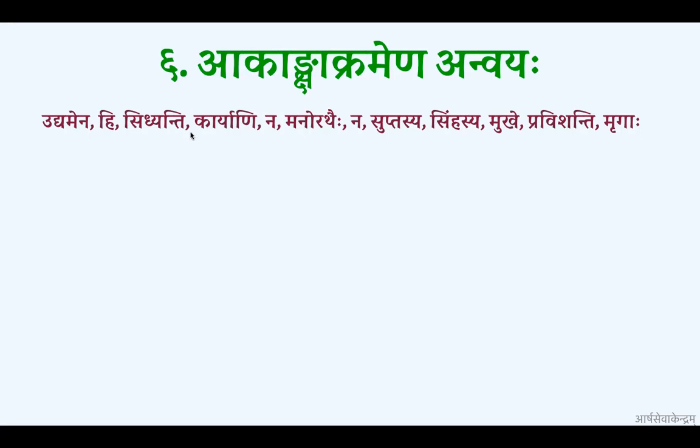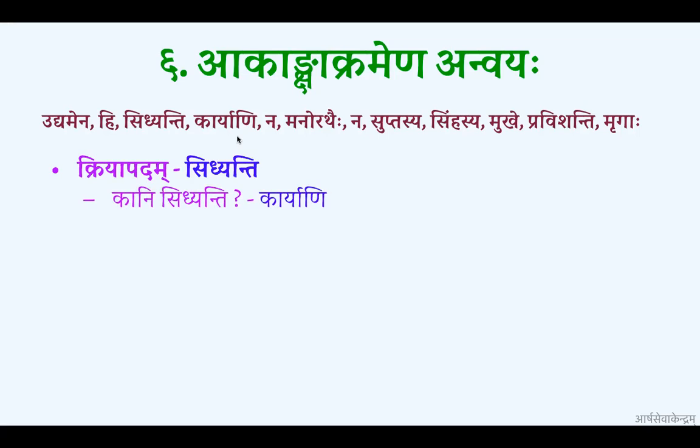Second one, siddhyanti. Then karyani, we said. I think only that is there in the prathama vibhakti, so we have to ask kim, ke, kani siddhyanti. Karyani siddhyanti. We said karyani could be in prathama vibhakti or dvitiya vibhakti, because in napunsakalinga we don't know.